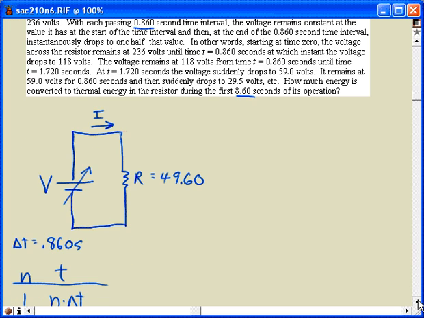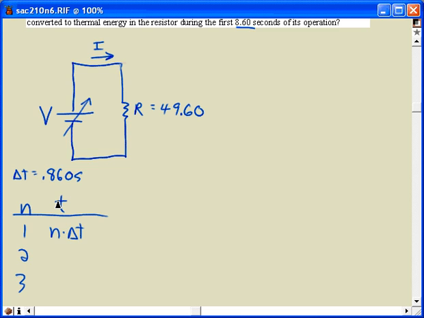And that'll be good for any of them. So the t here represents the time at the end of the interval.